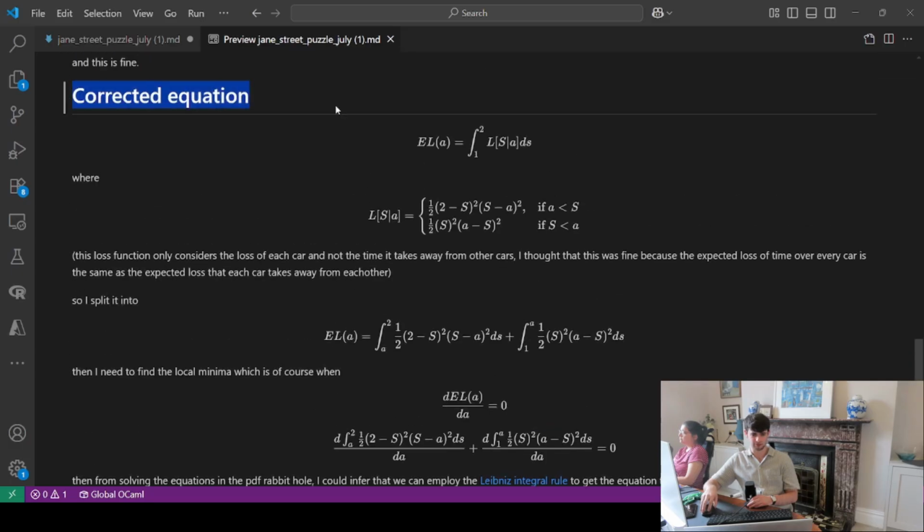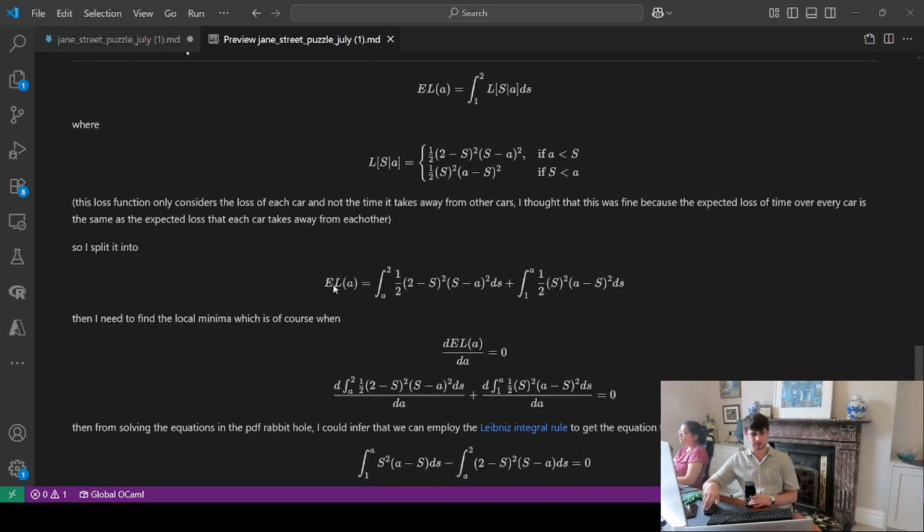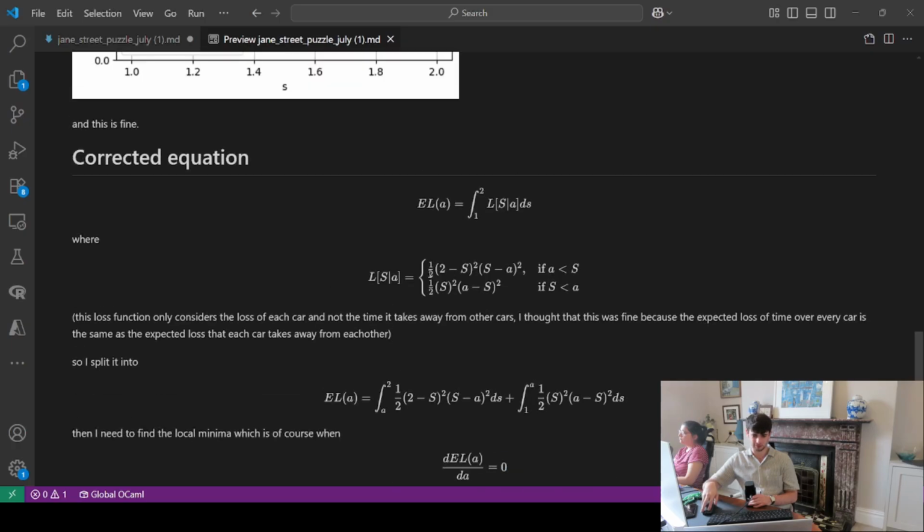The "correct" equation, I should put that in quotation marks, is actually wrong. So then I got this much simpler form of the equation, and I thought that this was the correct loss. By the way, this is the loss when you get hit, and this is the area under different sides of the curve.